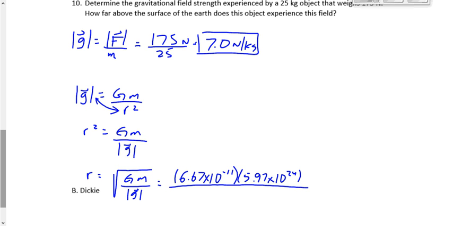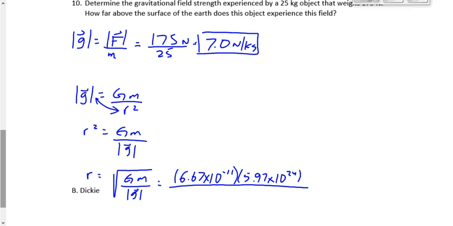Little g is, oh wait a second, what's little g? 9.81? What's little g? Yeah, this object experiences a field strength of 7 newtons per kilogram. We had to use the experiencer equation because that's all we knew about in the first part of the question. But we know what causes that field, right?